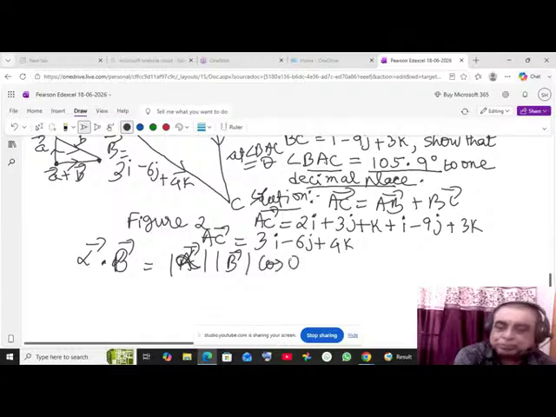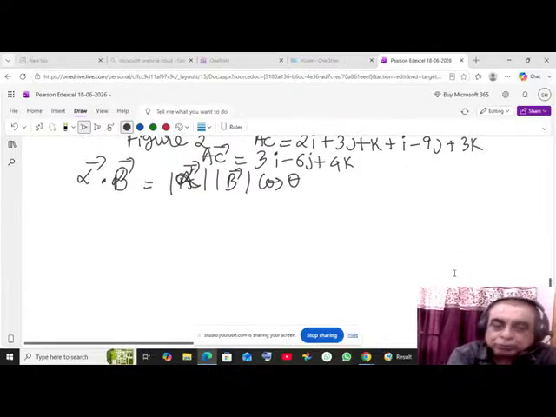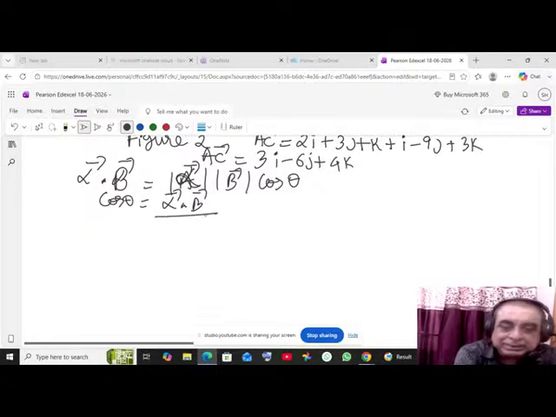This is the formula of the dot product of two vectors. So cos theta is alpha dot beta divided by the magnitude of vector alpha multiplied by the magnitude of vector beta.